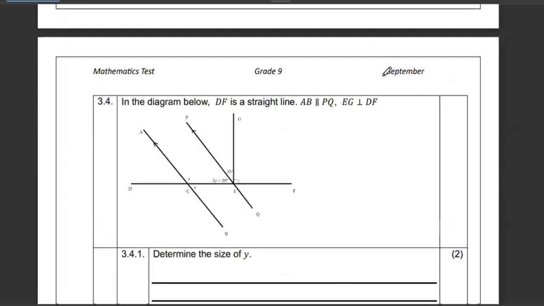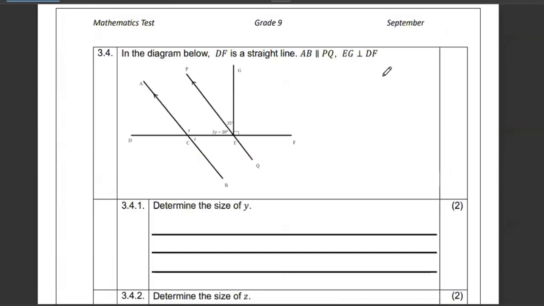Then 3.4, in the diagram below, DF is a straight line. And then we have these lines that are parallel. We have lines that are perpendicular. They want us to get the size of y. So if this is a 90, we know that the other part of this is also going to be a 90, meaning that if we get 35 plus the 3y minus 20 should give us 90 degrees.